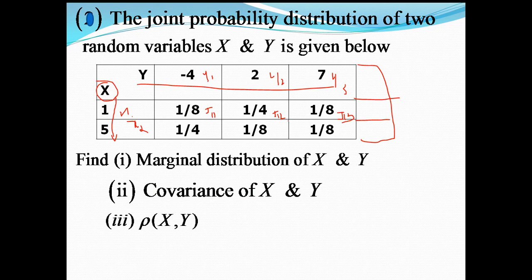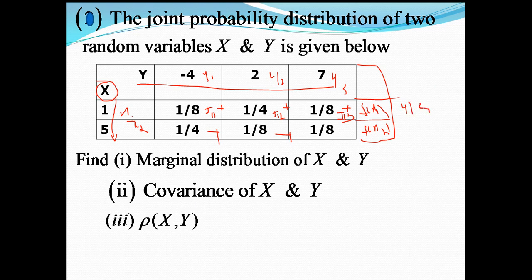Here, if I add 1 by 8 plus 1 by 4 plus 1 by 8, we get f of x1. 1 by 4 plus 1 by 8 plus 1 by 8 gives f of x2. On adding, this is 1, and here it is 2. 1 plus 2 plus 3, and it is 4 divided by 8.